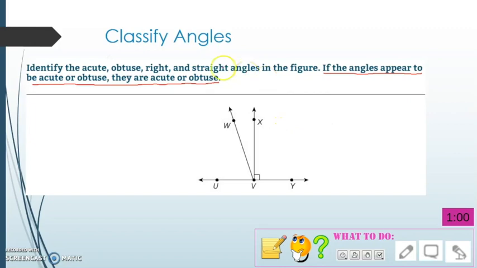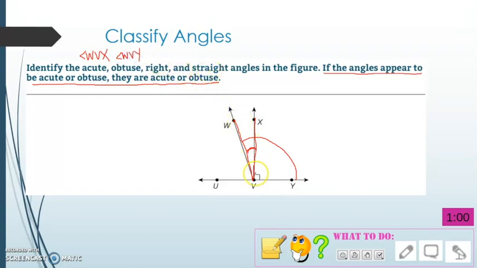One acute angle could be angle WVX. That can be an acute angle here because it is very small, clearly less than 90. Obtuse, an obtuse angle, we could use this whole big one here, WVY.